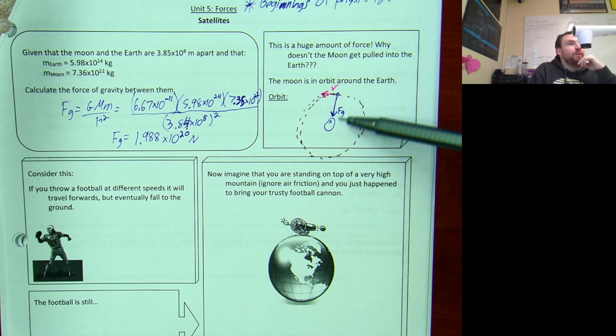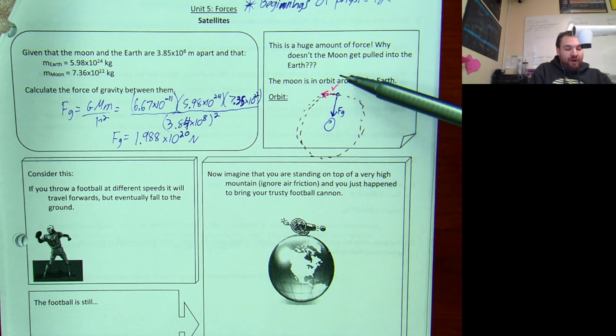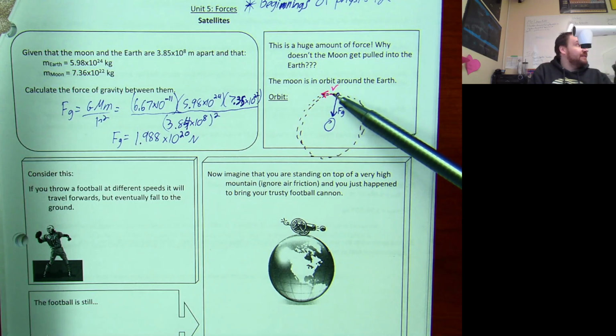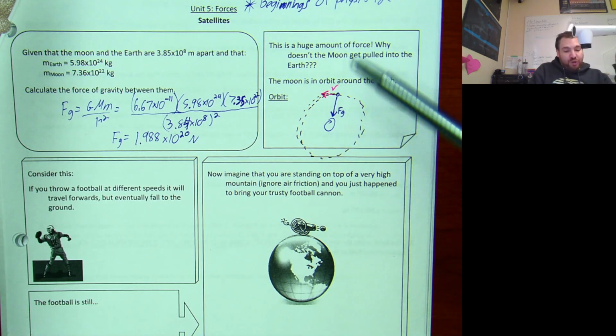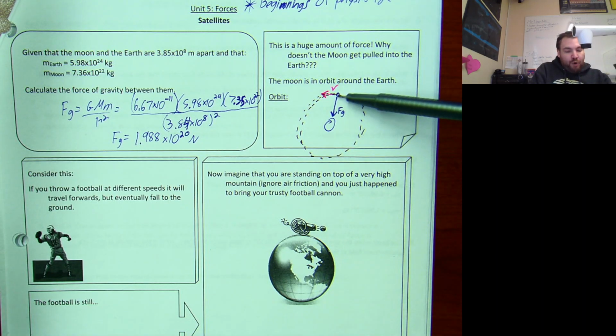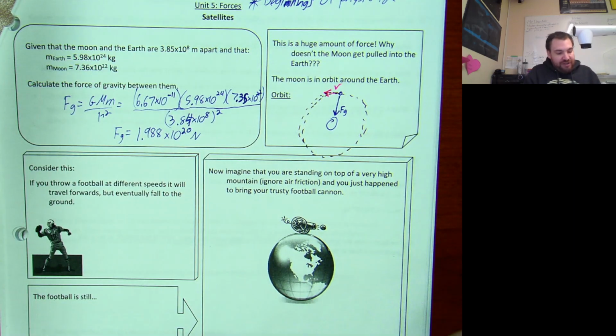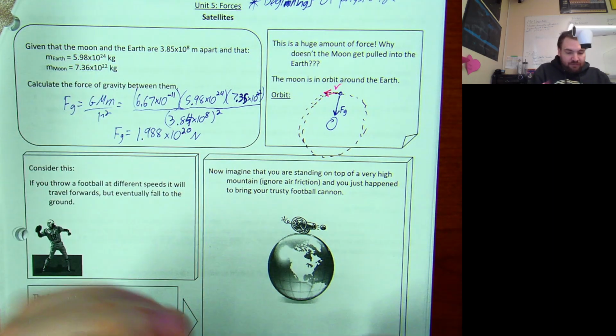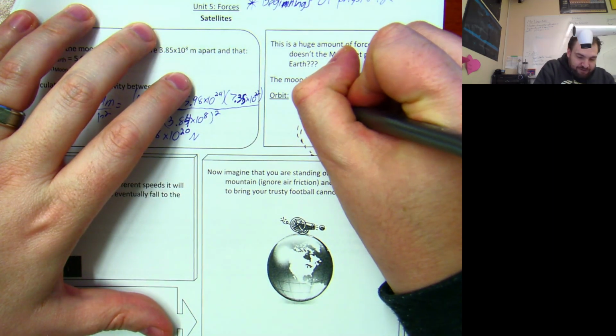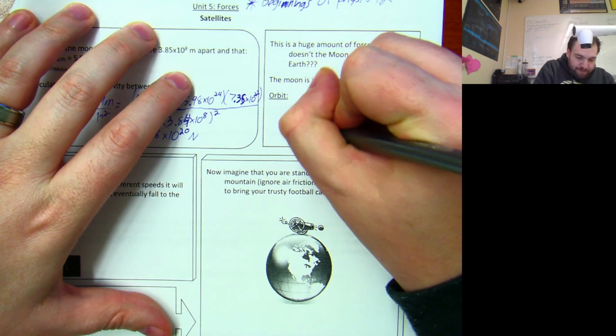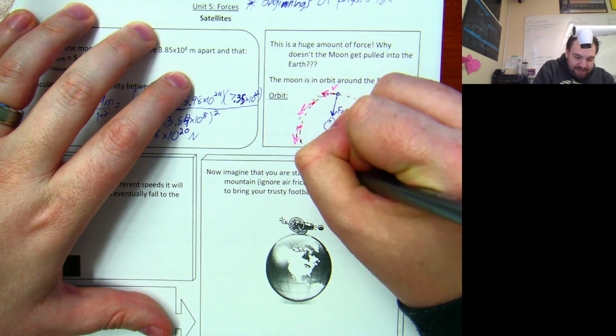It's this inward force here, but it's the velocity that the Moon has that prevents it from actually hitting the Earth. So what we've got here is a Moon that's always trying to travel out as gravity is always trying to pull it in. So everywhere along this path, rather, because it's not a perfect circle, the Moon is trying to get away.